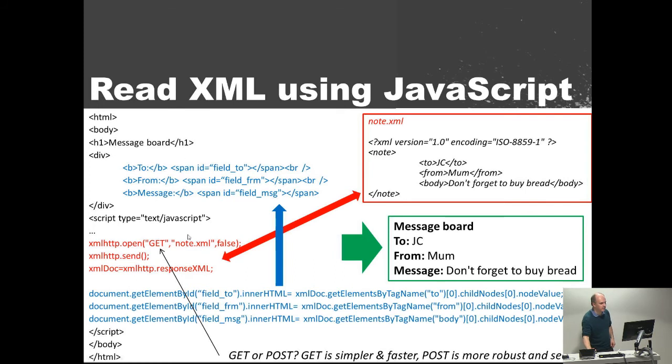And those variables are used in order to display the content of your message in the right format, or the format you want for your web page. So it means that if you want to dynamically change your web page, the only thing you need to change is your XML file. Each time you load your web page, you will get a different message on the display. And you will get something like that.